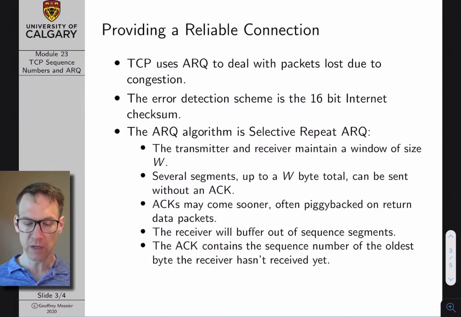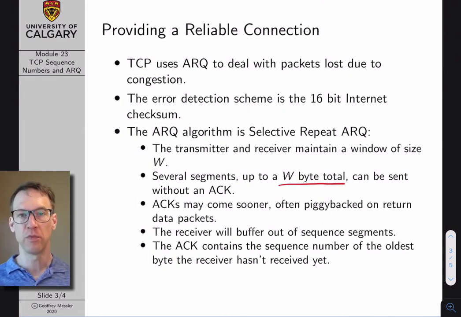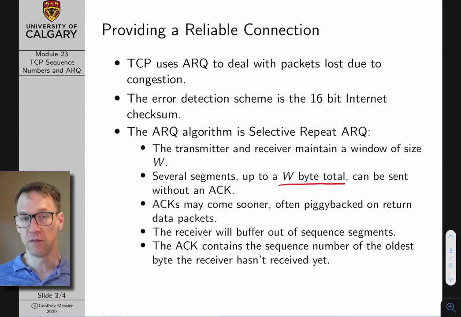The transmitter and receiver maintain a window size of W, but the window size is specified not in terms of number of frames, but number of bytes. And that's an important distinction. But other than that, it's pretty much exactly the same.